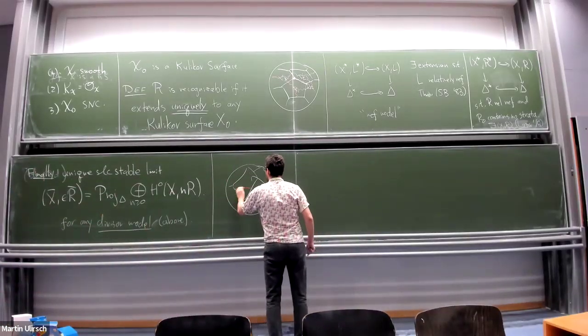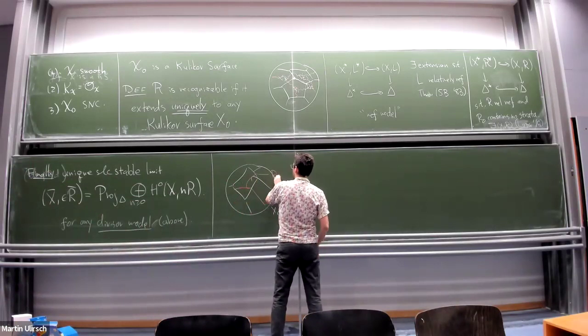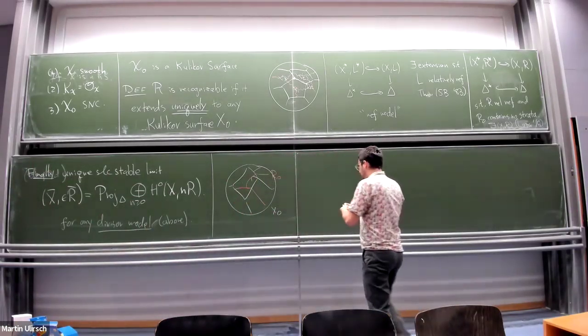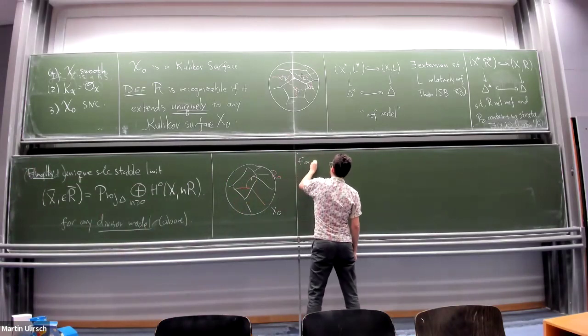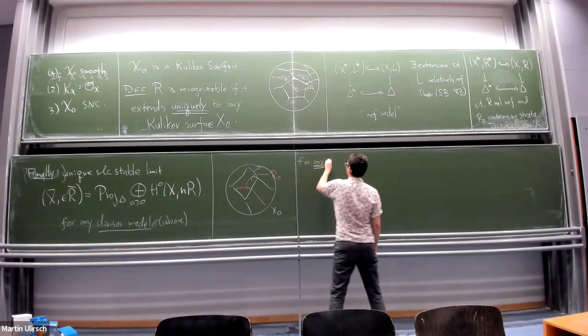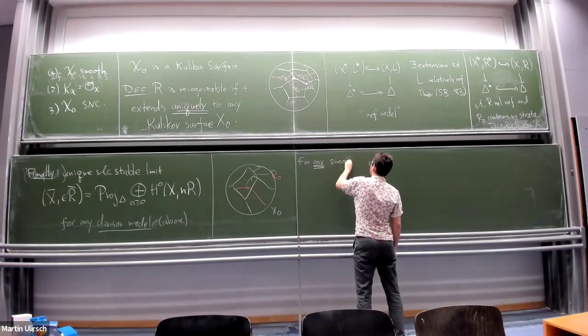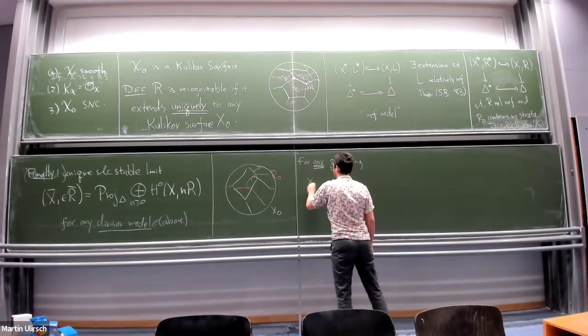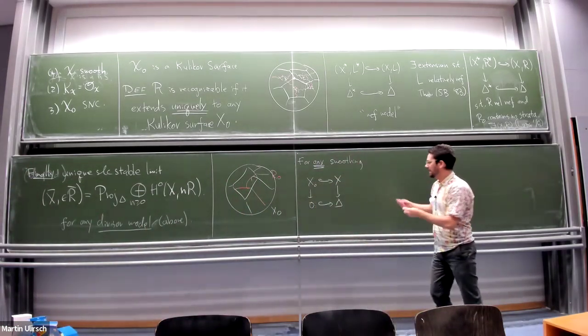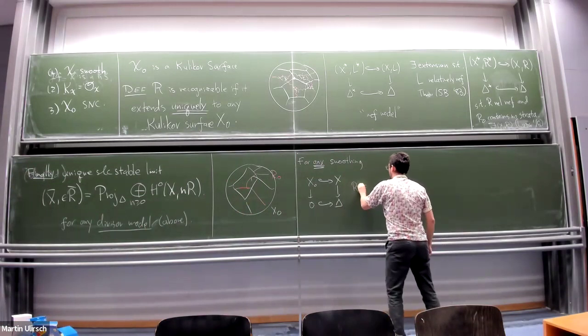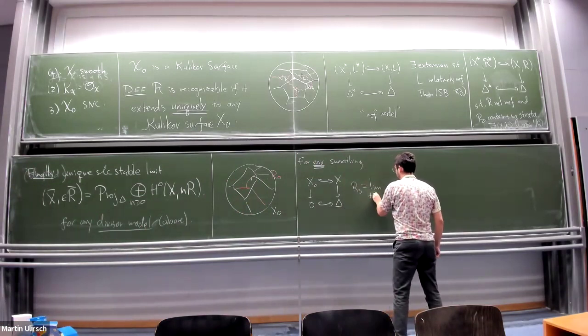And then the key point is that for any smoothing, this R naught is the flat limit of R_t.